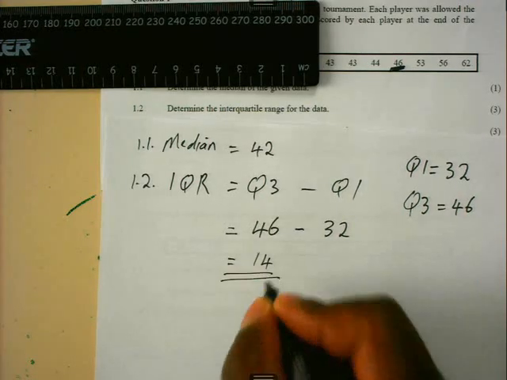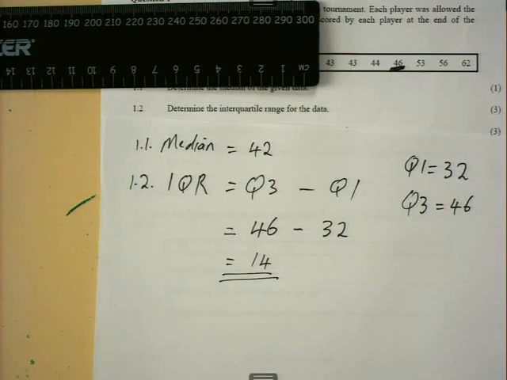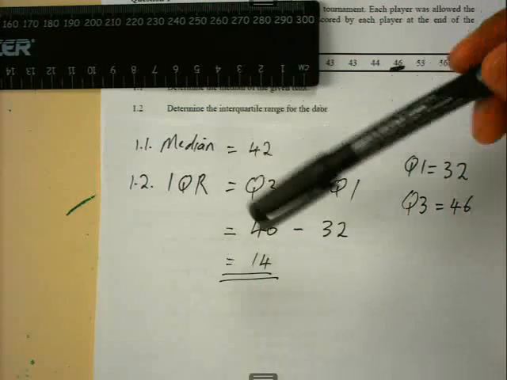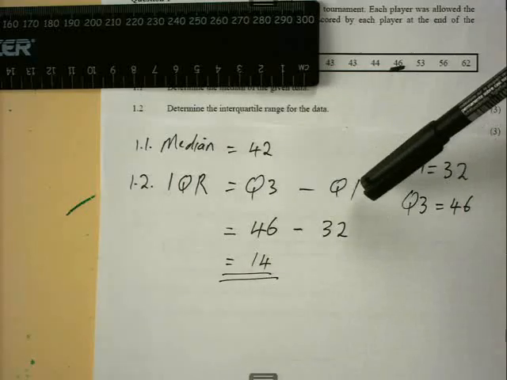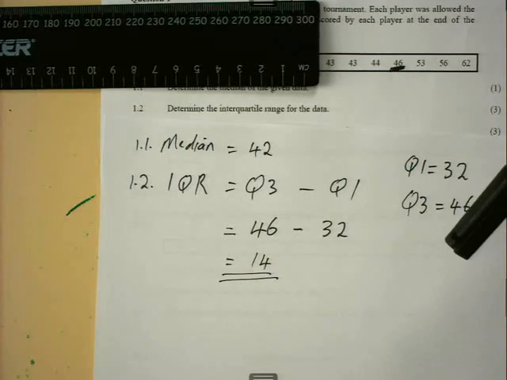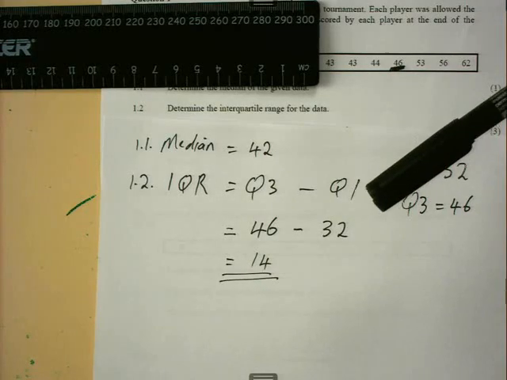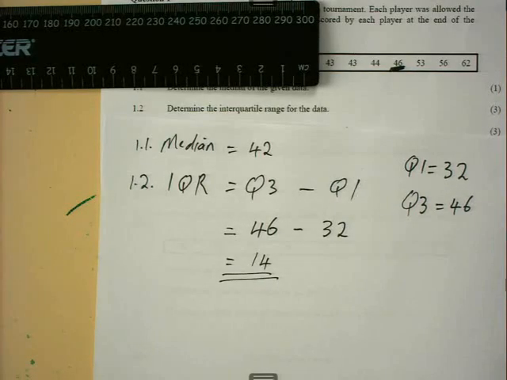So this is the interquartile range. It's easy. Just determine the difference between Q3 and Q1. It is very important for you as learners to be able to identify Q3 and Q1. So you've seen how we identified them.